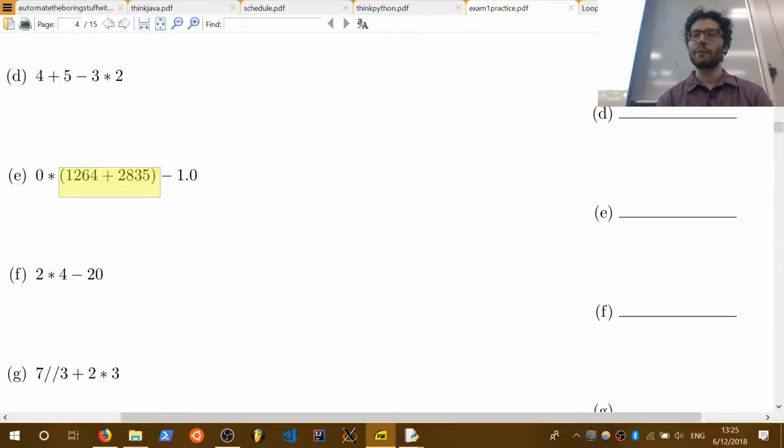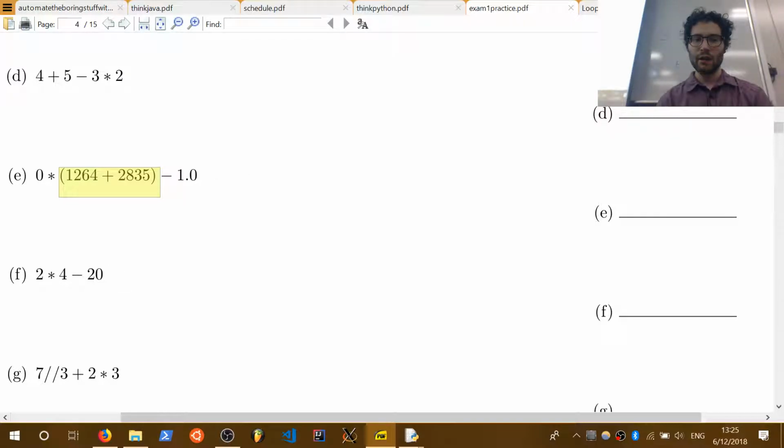You see this big number, but if you recognize that it's multiplied by 0, you get to say, wait, I get to ignore that, right? So you've got big number over here times 0, so the answer is 0, minus 1, so it's negative 1.0. Yep, keep it as a float, because integers always get upconverted into a float.